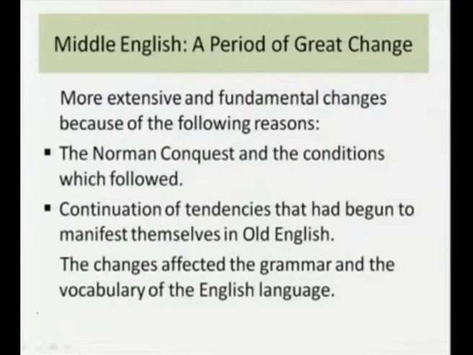The division of periods or epochs, not really eras, ages in history, as you will know, does not imply watertight boundaries. It does not imply that one age moves into the next and that there are no remnants from the previous age, or that there are no glimmerings of what is to come.